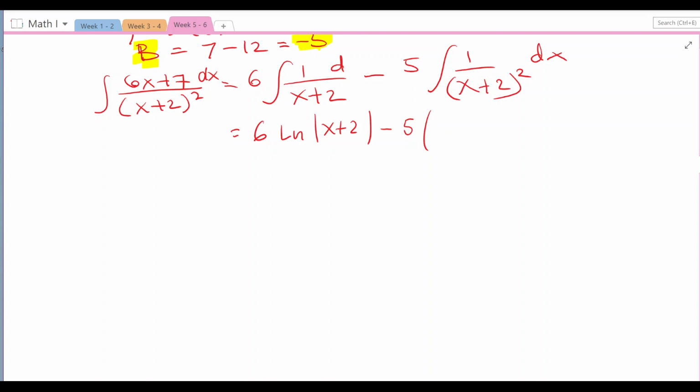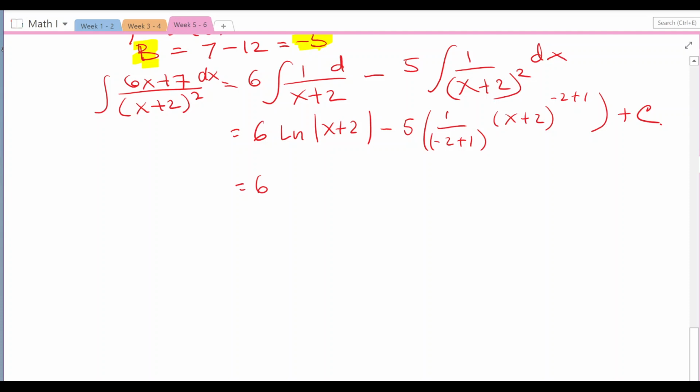So in this case we have 1 over negative 2 plus 1, times the element itself, x plus 2 raised to the power of negative 2 plus 1, then plus c just as before.